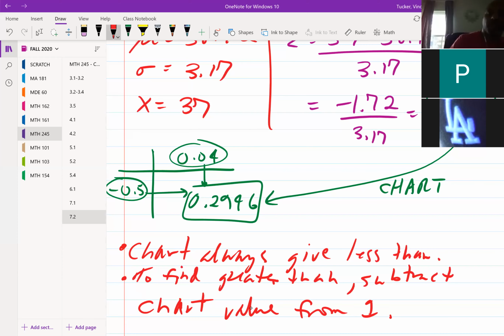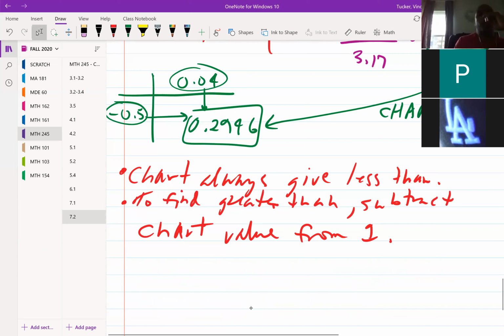So Noah said it already, but just writing the notes to reinforce. The chart always gives less than. So to find greater than, we will subtract the chart value from 1.